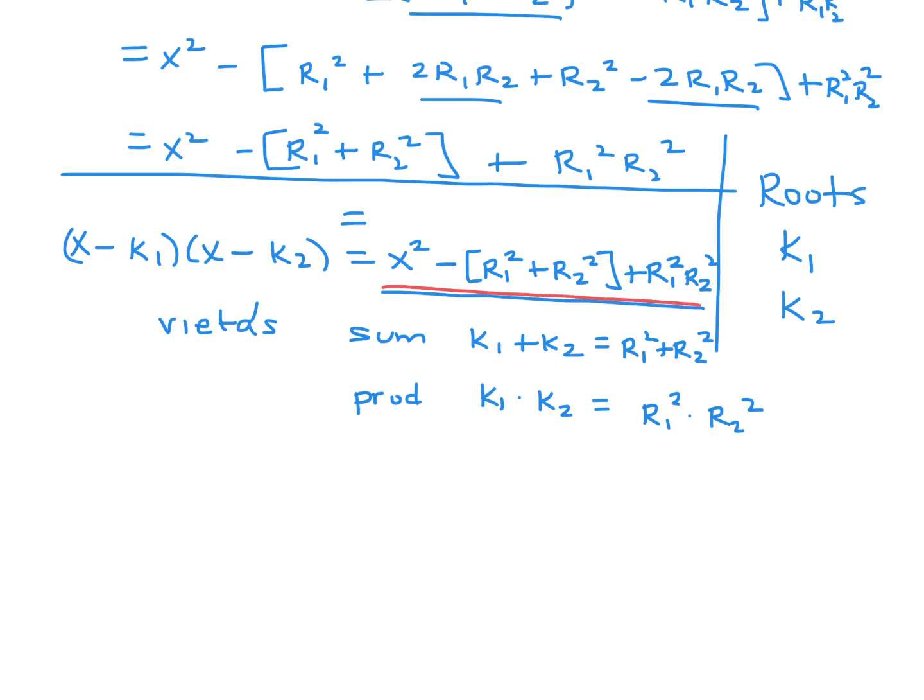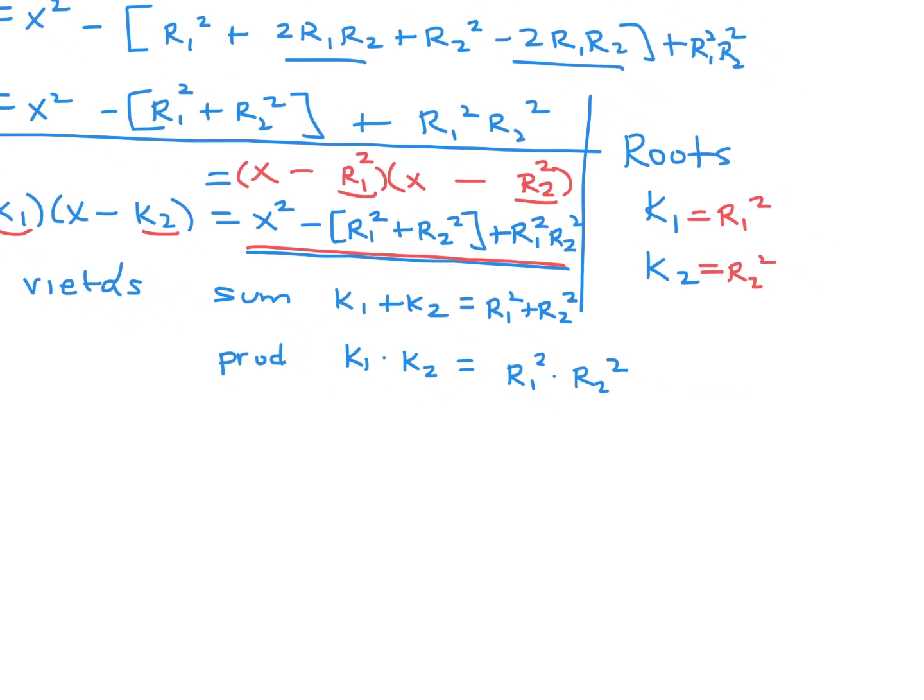This equation can be factored into, let's see here, x minus r1 squared and x minus r2 squared. So therefore, if we match these, this matches with that. So K1 is equal to R1 squared, and this is equal to R2 squared.